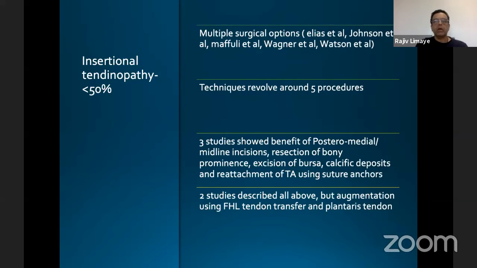Techniques revolve mainly around 5 procedures, and there are 3 main studies which have shown the benefit of the incision or the posteromedial incision or resection of bony prominence and reattachment of the tendon by using suture anchors. There are 2 other studies which have described all of the above, but with augmentation routinely using the flexor hallucis longus tendon transfer.